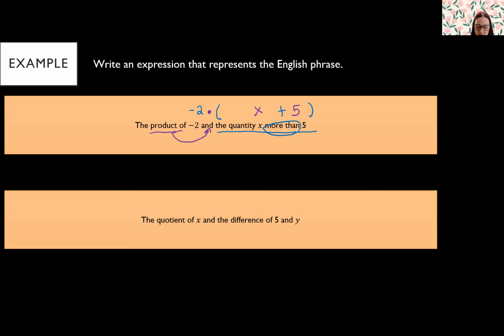Now we've looked at all of the words here and translated them. So when we put this together, we have -2 parenthesis x plus 5. I don't need to put the dot. I only put it there when I'm translating, just to make sure that I remember I've got multiplication going on. But when we actually write our answer, we don't need the dot.